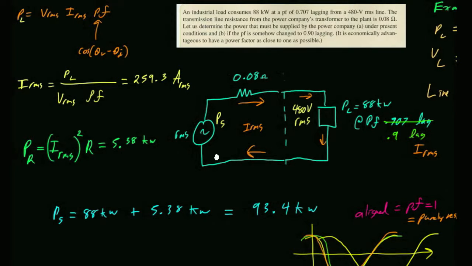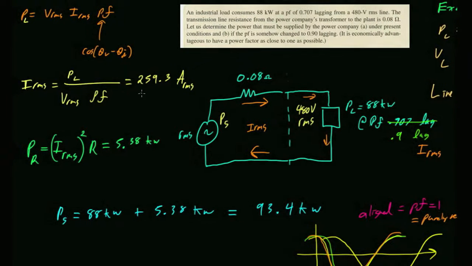Well, hold on, I'm hearing numbers. So what does this change to if I change the power factor? 203.7 amps RMS. And then what's the power that's lost in the line? 3.32 kilowatts. Isn't that cool? Look at what just happened.